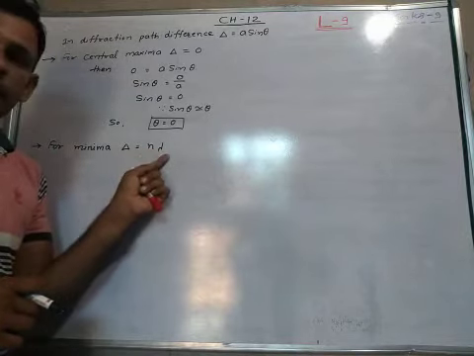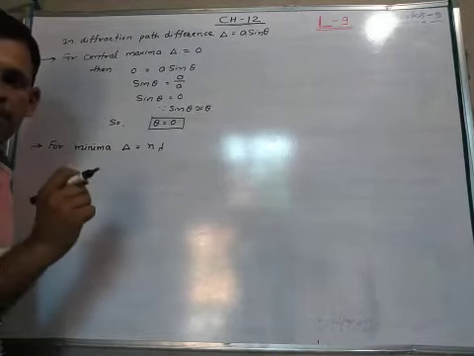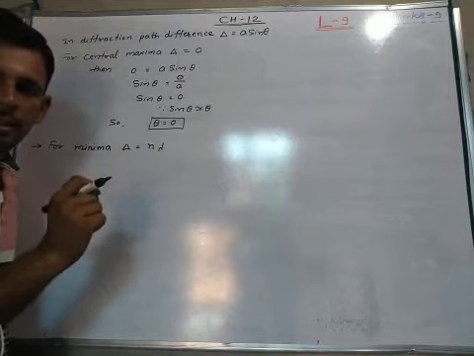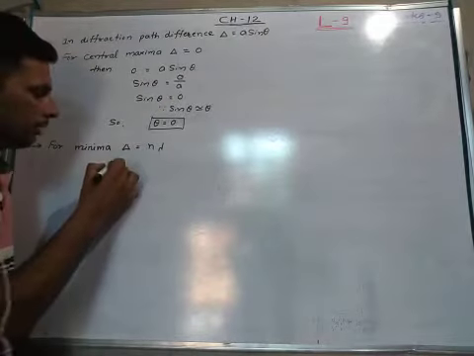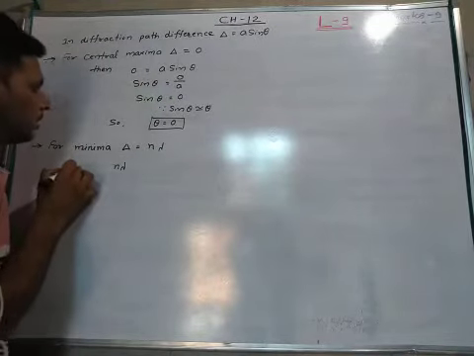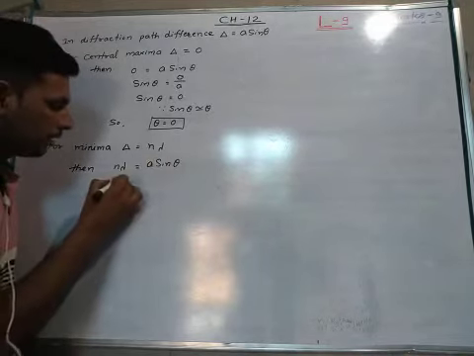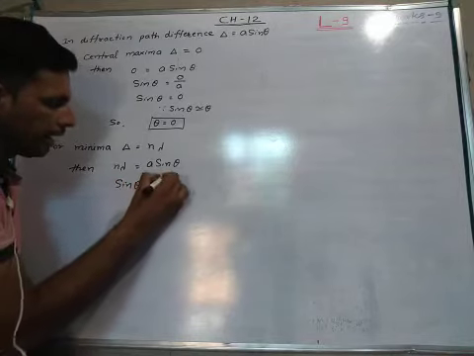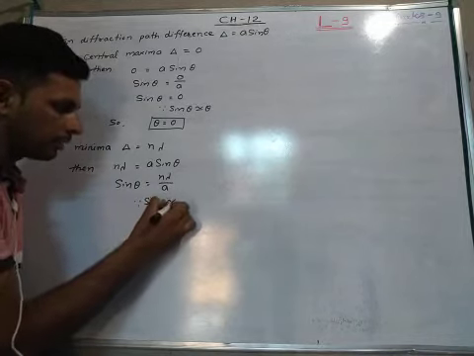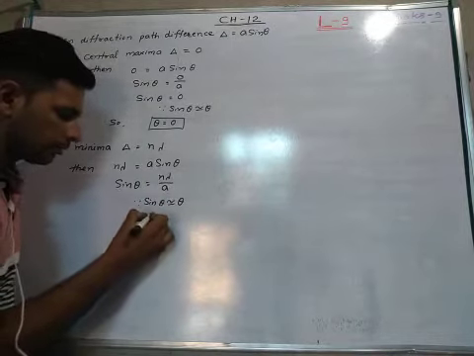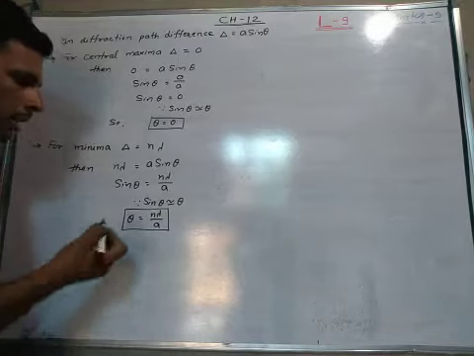So we put delta equals n lambda: n lambda equals a sin theta, so sin theta equals n lambda upon a. For small angle, sin theta is approximately equal to theta, so theta equals n lambda upon a.